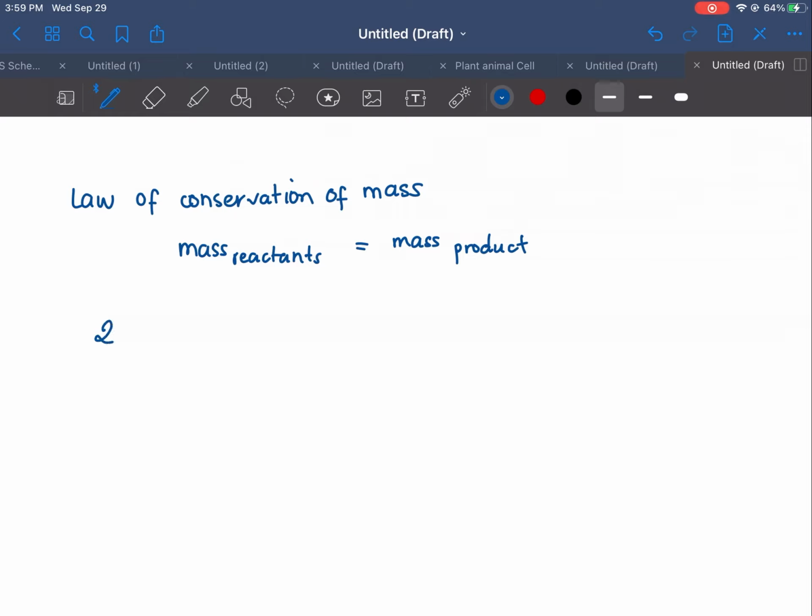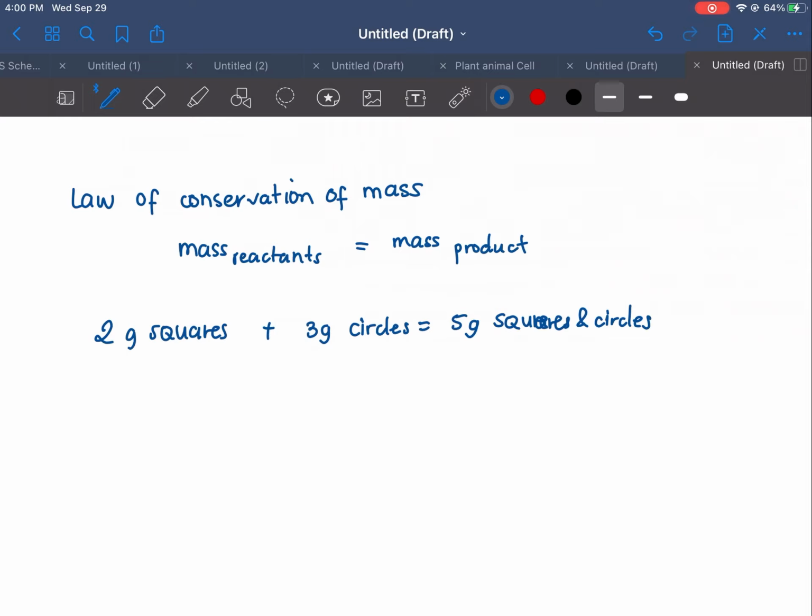For example, if I have 2 grams of squares and we add 3 grams of circles, it will be equal to 5 grams of squares and circles. As you can see, nothing disappeared, nothing left the system. This is what we call the law of conservation of mass.